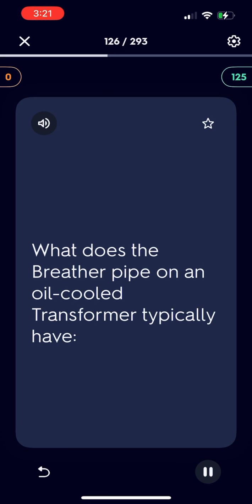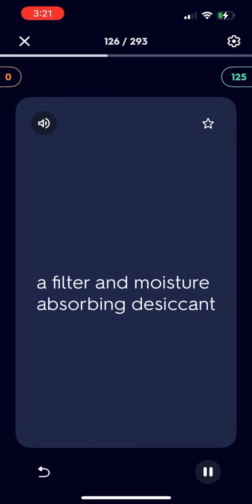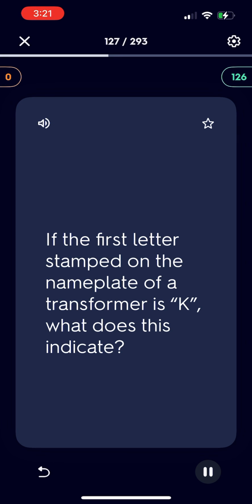What does the breather pipe on an oil-cooled transformer typically have? A filter and moisture-absorbing desiccant. If the first letter stamped on the nameplate of a transformer is K, what does this indicate?